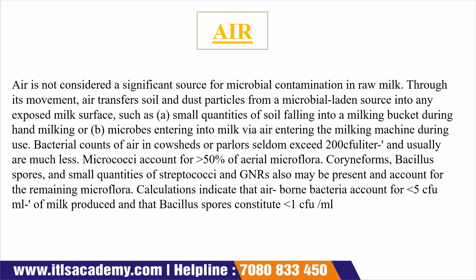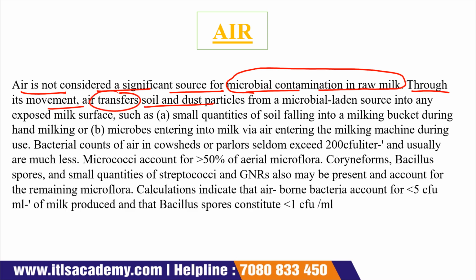Now see what is written in the slide. Air is not considered a significant source of microbial contamination in raw milk. Through its movement, air transfers soil and dust particles from a microbial-laden source into any exposed milk surfaces.